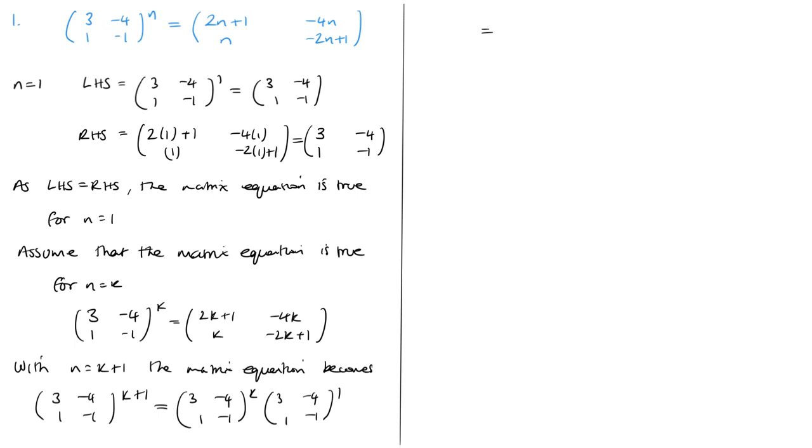And then I'm carrying on the right, so I can substitute in for my matrix with k, so this is 2k plus 1, that's k, that's minus 4k, and minus 2k plus 1, multiplied by (3, -4; 1, -1).